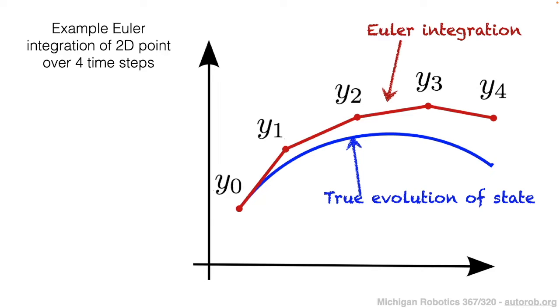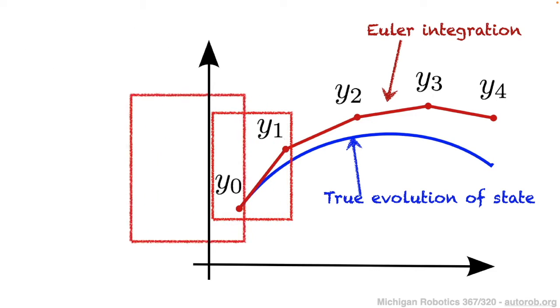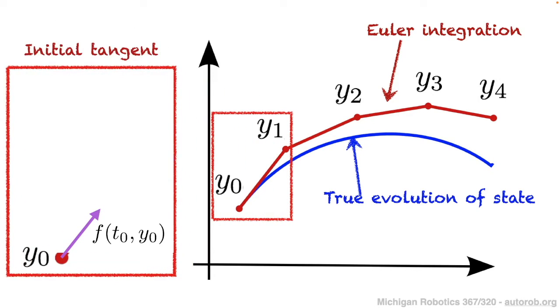If we focus on the first step within our integrator, we're going to begin our integration at this point y0, and to do this, we're going to try and predict the state of the system at the next time step based on the slope of the true evolution function, which is illustrated in this left figure by the pink vector.